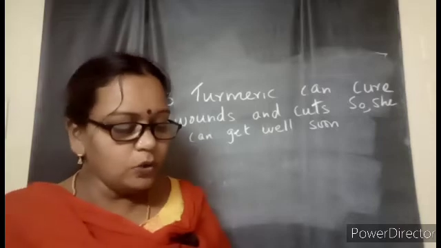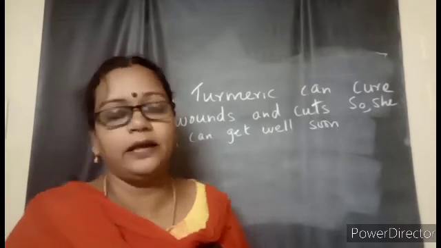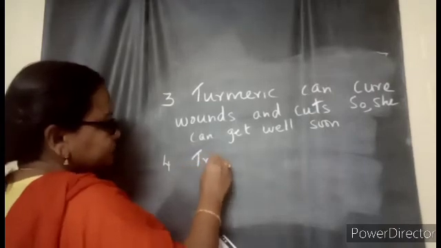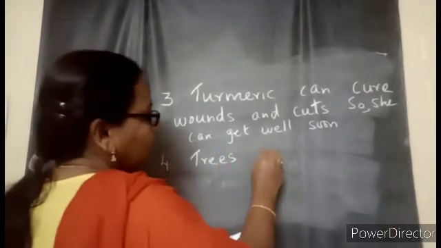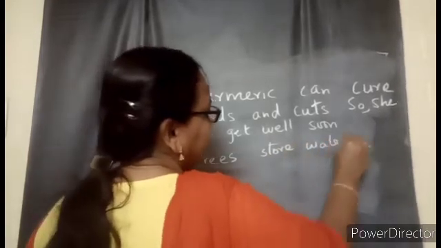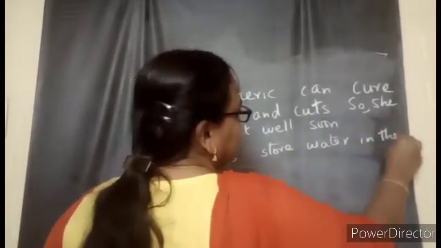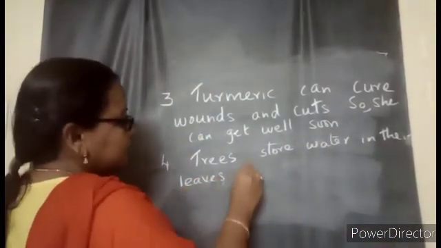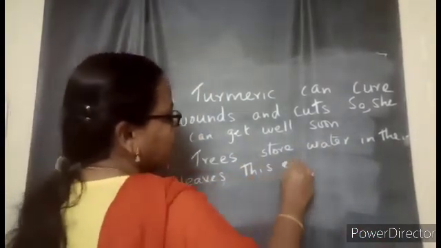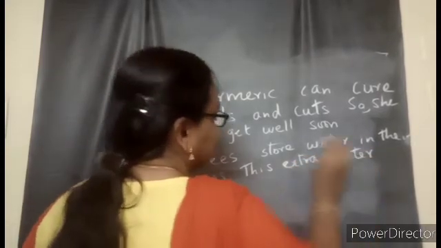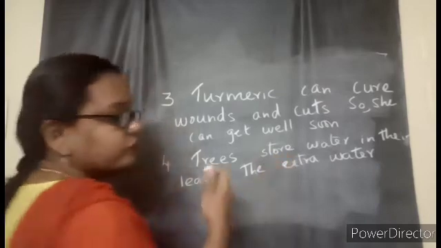Fourth question. How do plants help in bringing rain? Trees store water in their leaves. This extra water, some will be used for making the food.